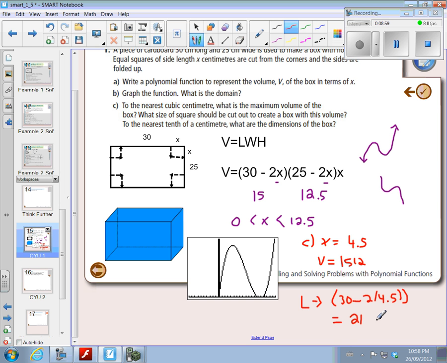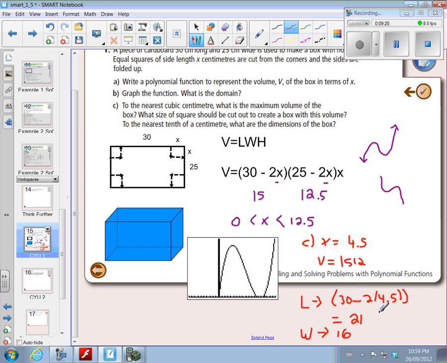The length that you would want to build this at would be 21 centimeters, and the width, I'll just do this by mental math, would be 25 subtract 2 times 4.5. 2 times 4.5 is 9. 25 take away 9 would be 16. So the width would be 16.